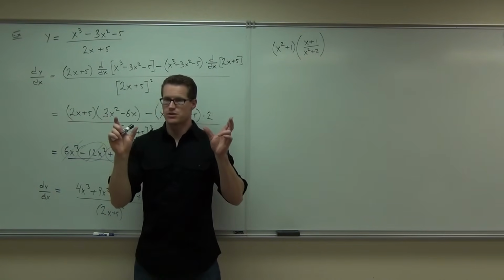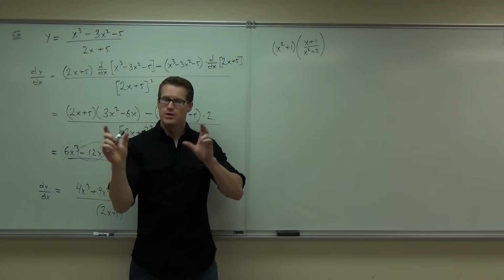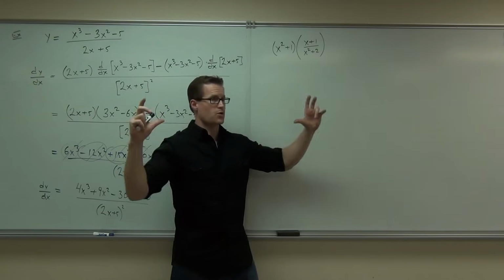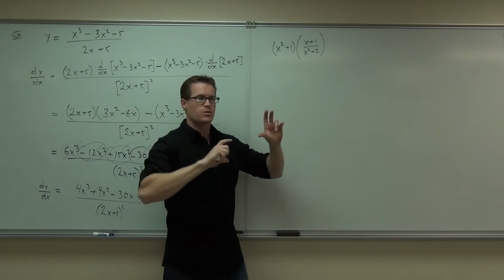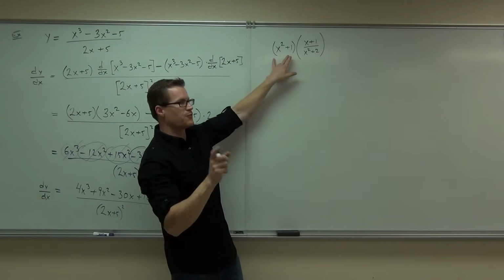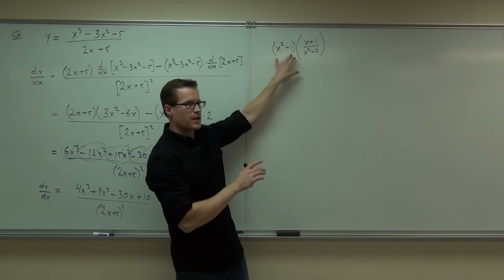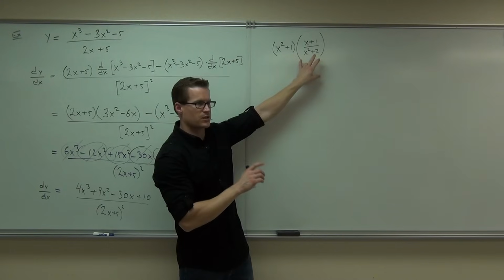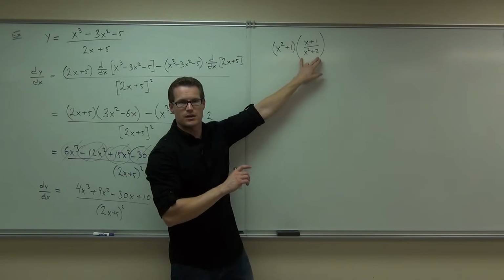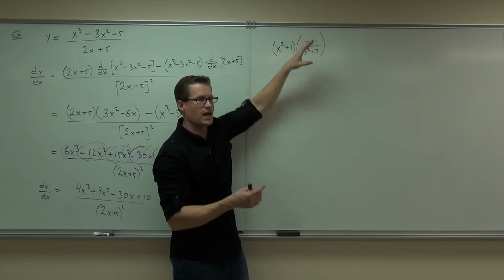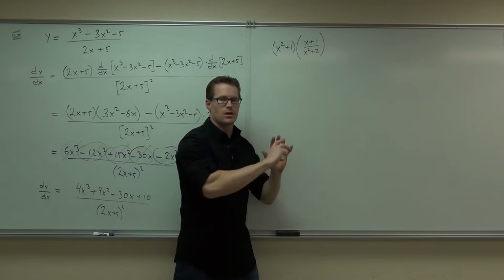Function of x times a function of x. That's a product rule. From the outside in, you see a product rule, right? As you're going through the product rule, it would be derivative of the first, that'd be fine, times the second, still okay, plus the first times the derivative of the second. And as soon as you get to the derivative of the second, how do you take the derivative of that thing? It's a quotient rule.